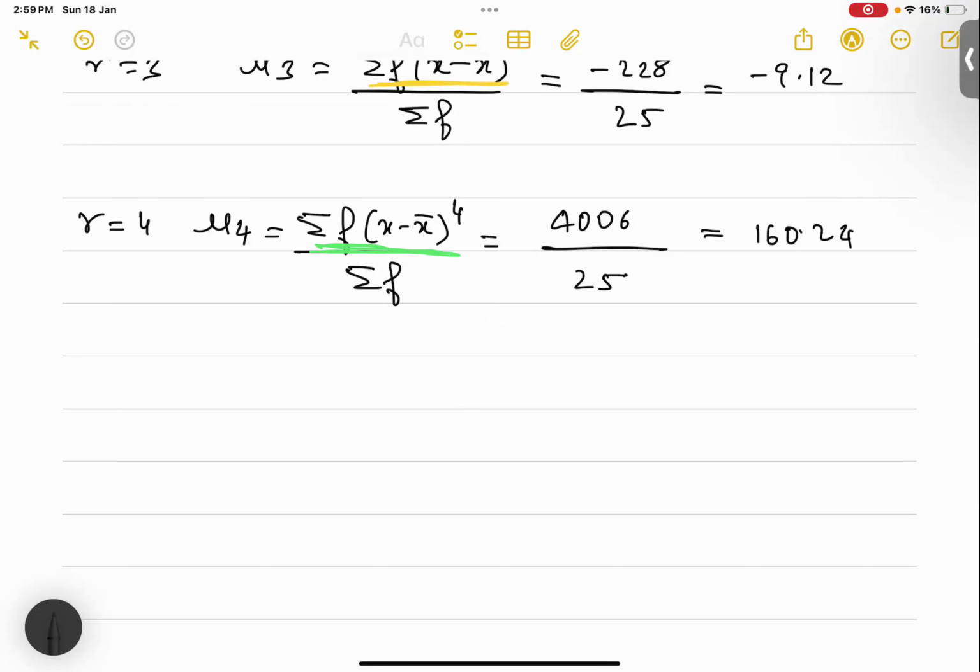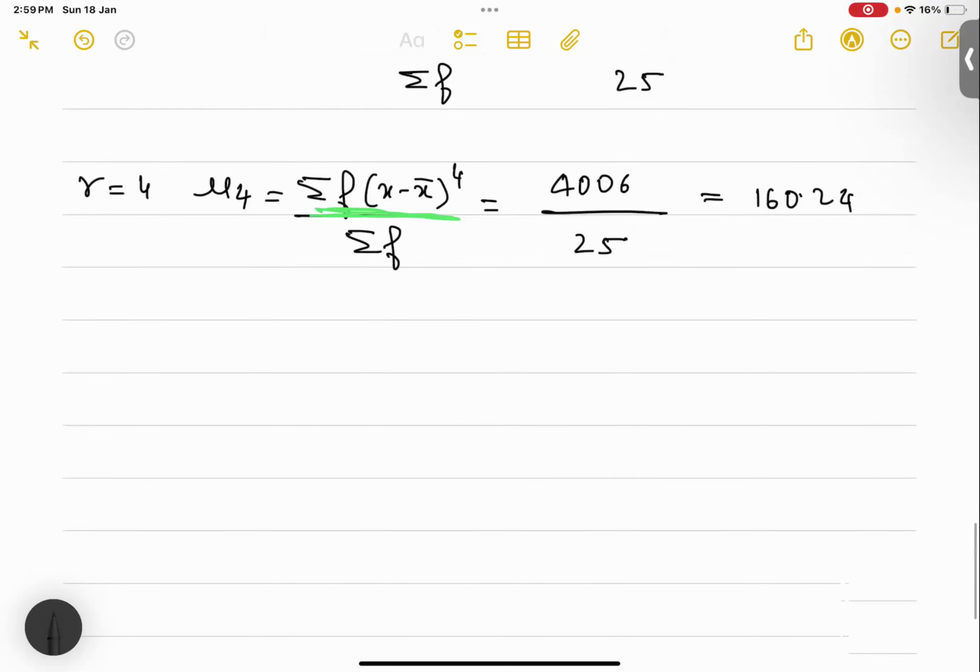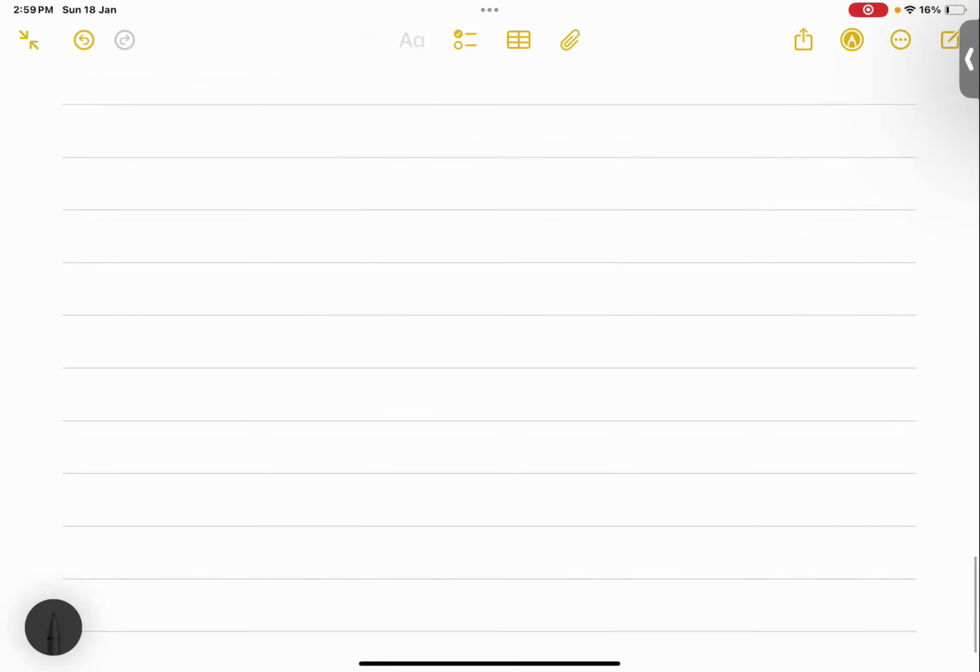Now I'll explain skewness in very simple language. There are 50 students in a class. This example is not given in the textbook; it's an example which I am just framing for you. I am taking a test.